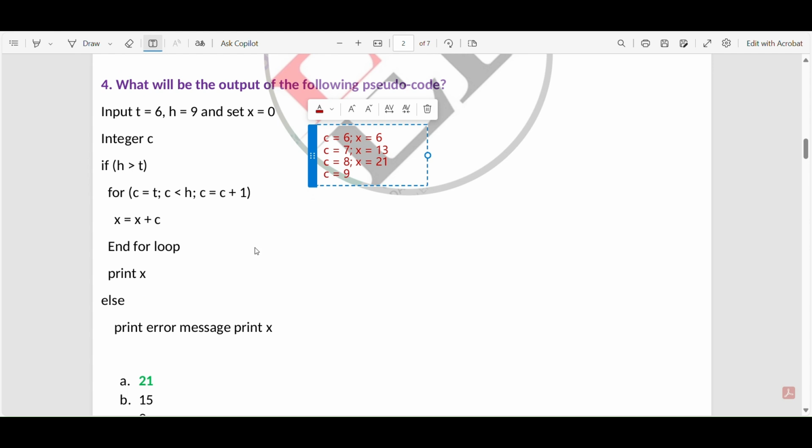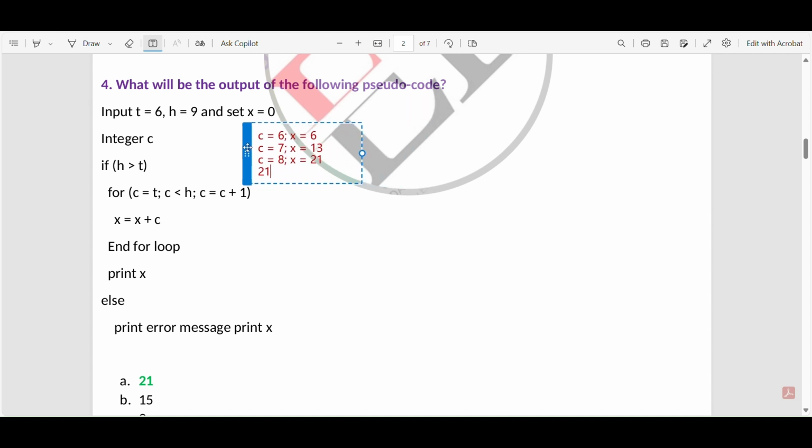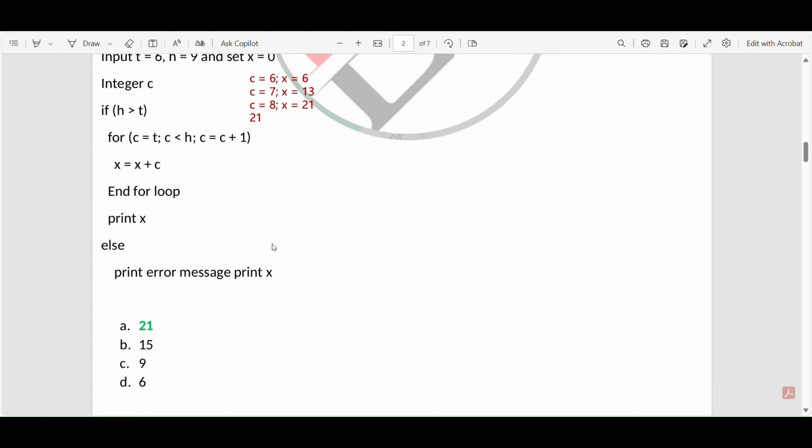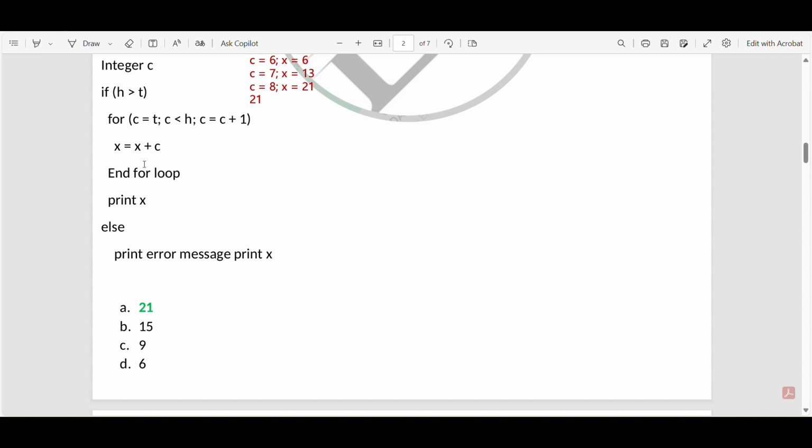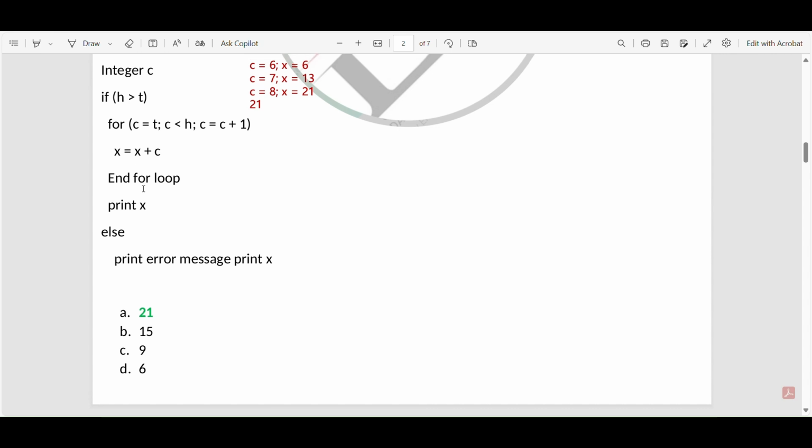And now we'll be getting the value of x. What is the value of x? We need to print it, right? The value of x is 21, so this will be printed. Okay, I think you have understood this program also.